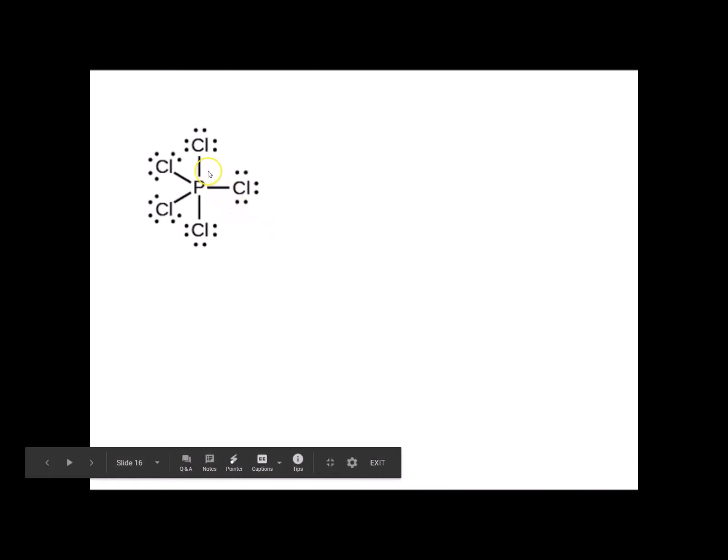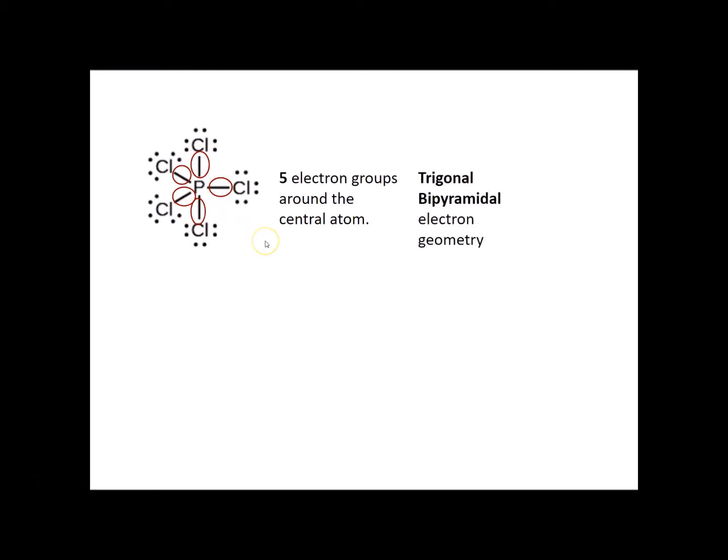2 more. Look at this fella. How many bonds are around that central phosphorus atom? I'm counting 5. There's no lone pairs, just 5 straight up single bonds. And when we have 5 electron groups around the central atom, that was trigonal bipyramidal electron geometry.